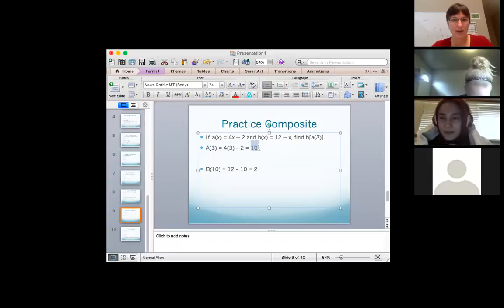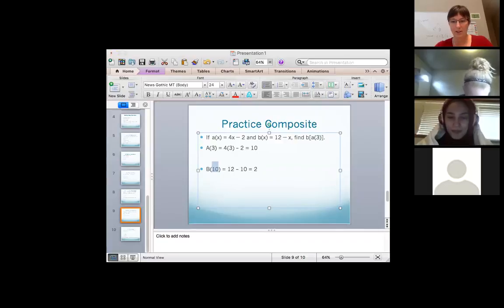Now B is a function of A, so we substitute the 10, because that's what the equation equaled in the first equation for A.